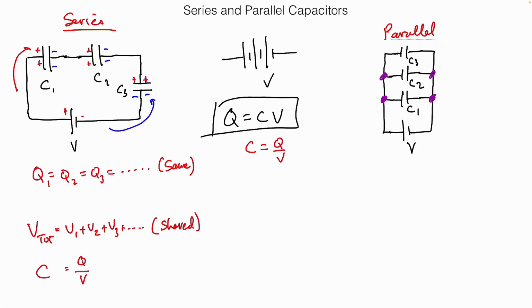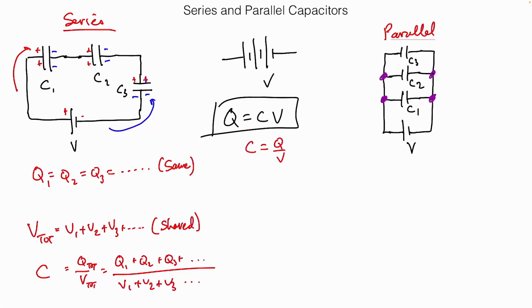Q total over V total. Well, this is going to be Q1 equals Q2 equals Q3 equals dot, dot, dot, divided by V1 plus V2 plus V3, dot, dot, dot. I probably should have written this as a Q total, but it's all the same, right? We can add all those up to get a total charge, okay?